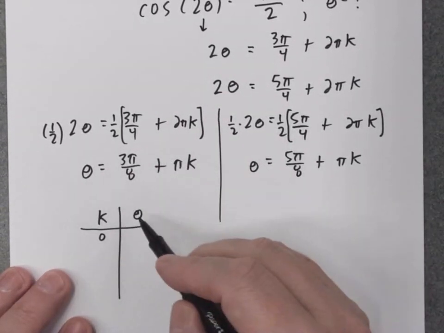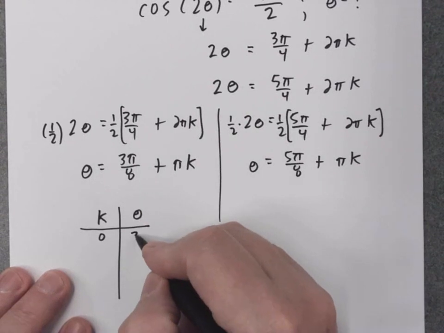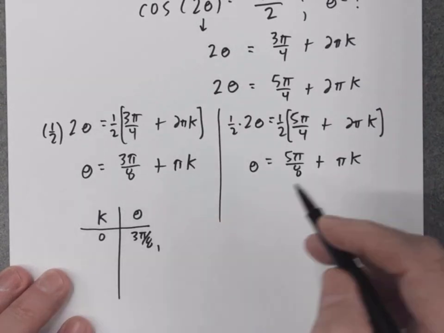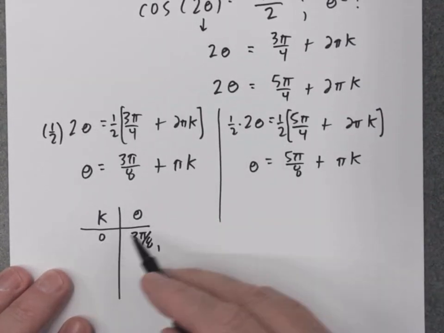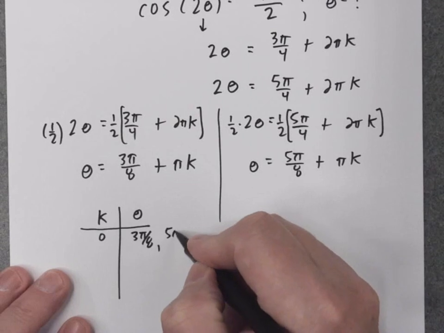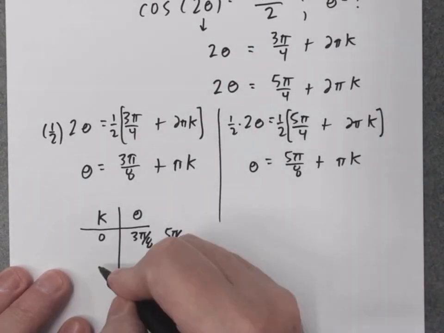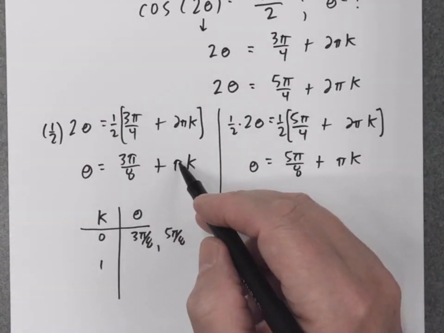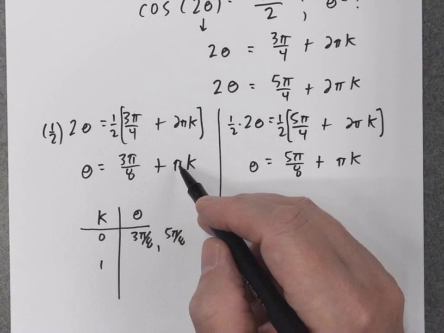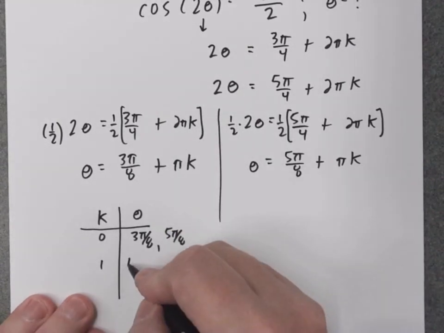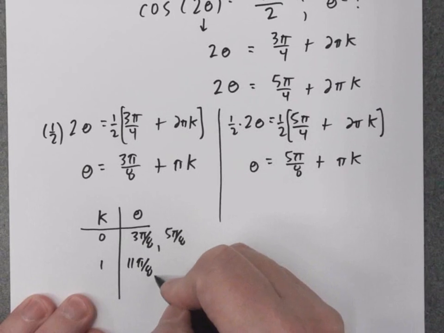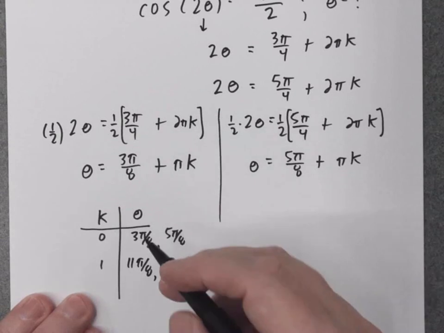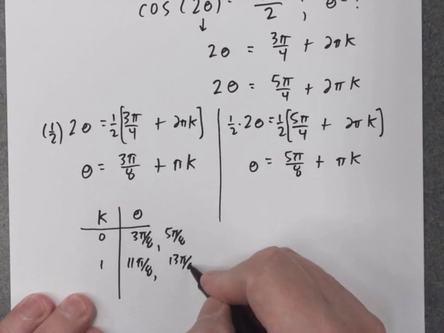So for this first general solution, when k is 0, my solution is 3 pi over 8. Now I go to the second general solution, when I put in 0 for k, 5 pi over 8. Now, if I set k equal to 1, I have pi plus 3 pi over 8. Well, I change pi to 8 pi over 8. When you do that, you get 11 pi over 8. Over here, 8 pi over 8 plus 5 pi over 8 is 13 pi over 8.